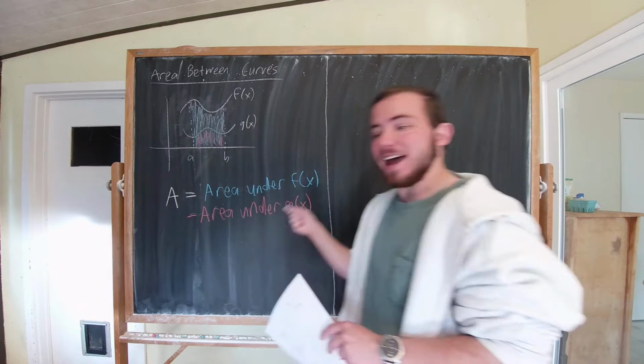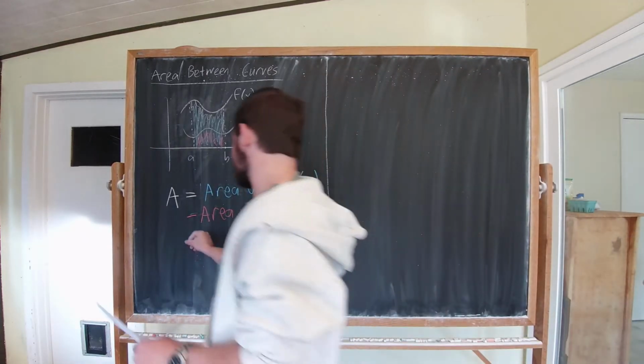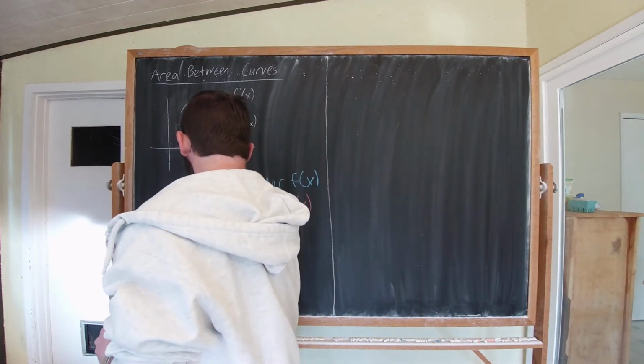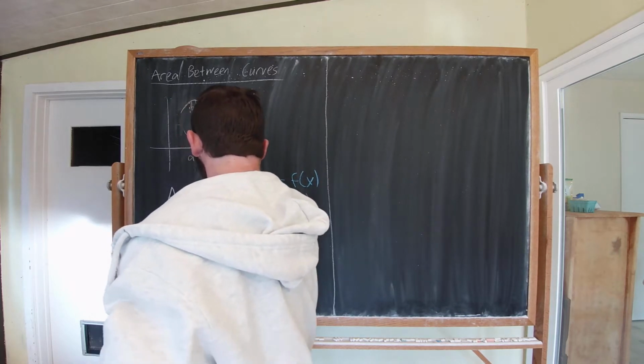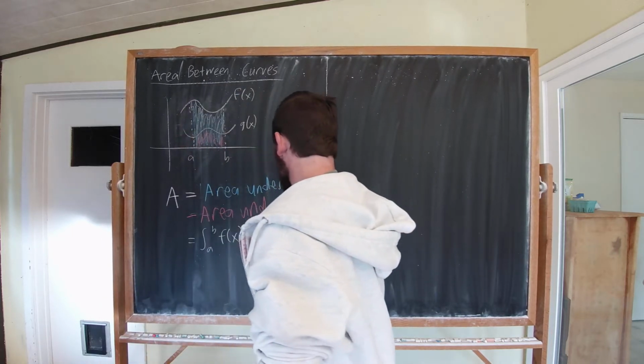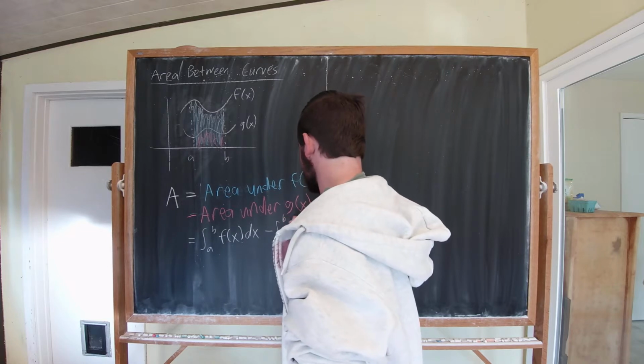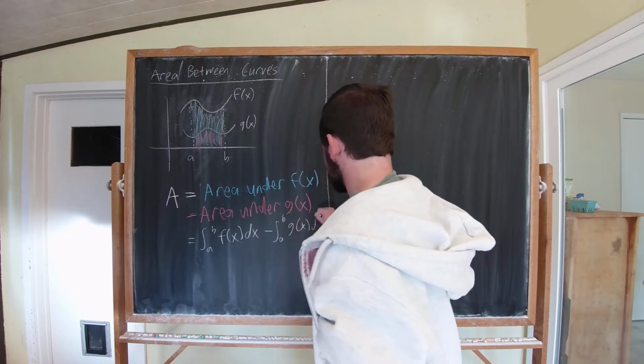But we know how to formulate that in terms of integrals. This is the definite integral from a to b of f of x dx minus the integral from a to b of g of x dx.